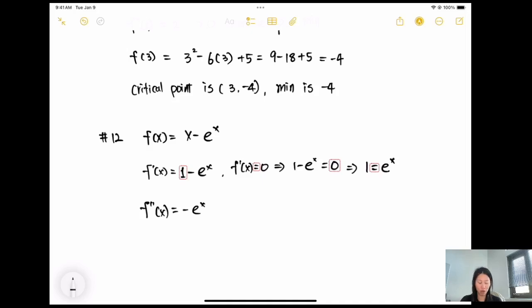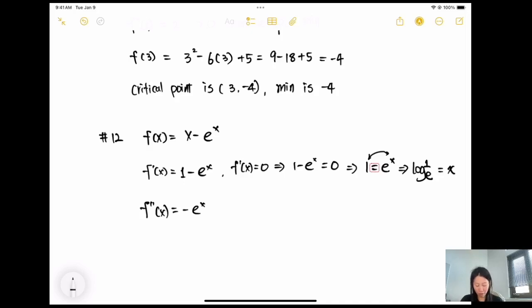To convert, the base remains the same, which is log base e, and input becomes output, output becomes input. We swap the order. This gives you log base e of 1 equals x.